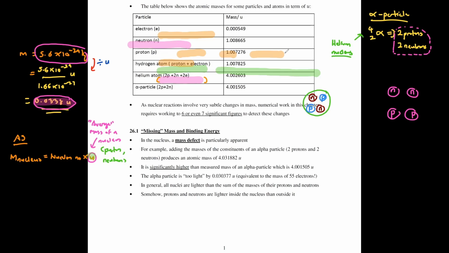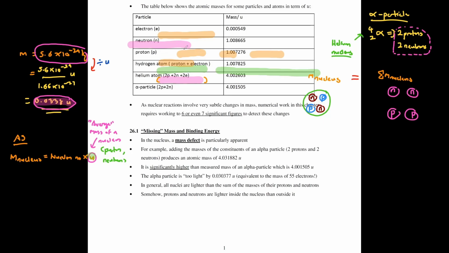But the thing now is that when people try to look at the masses of the constituent particles and the mass of the nucleus itself, they notice something strange. If I compare the total mass of the nucleons versus the mass of the nucleus itself, by right you would assume the masses should be equal because of conservation of mass.